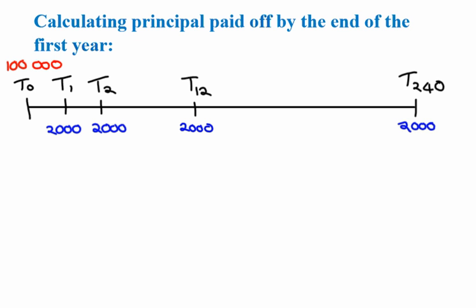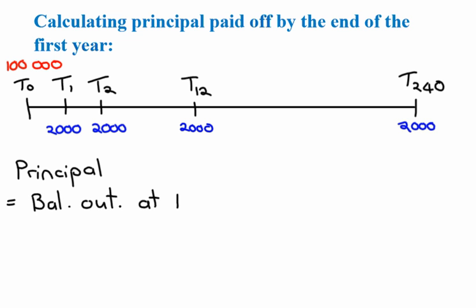So our principal, the amount by which the loan has been reduced, is equal to our balance outstanding, let's shorthand that, balance outstanding at T0, which is actually just our loan of 100,000, and we subtract our balance outstanding at the end of that first year, so at T12, which is actually just our balance outstanding formula.